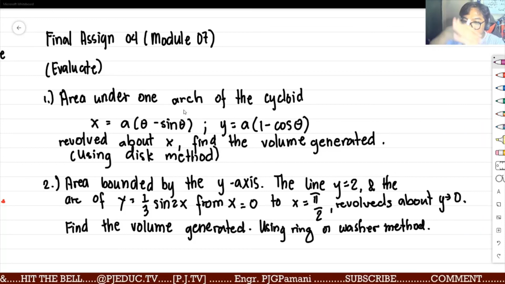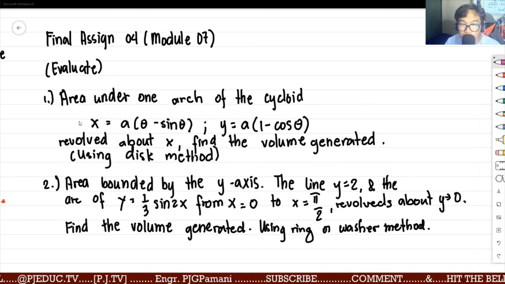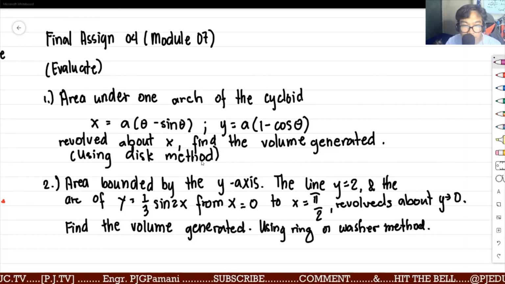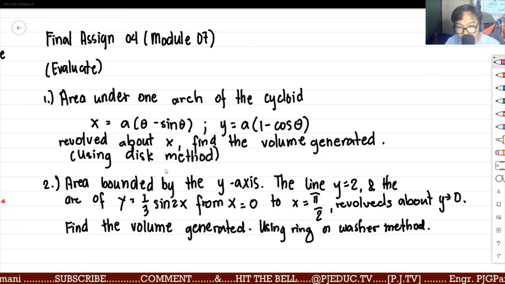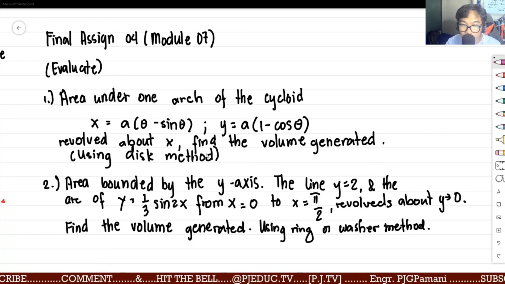This is now an interlocking curve with respect to x equal to a times theta minus sine theta and y equal to a times 1 minus cosine theta. Revolves about the x-axis. Find the volume generated. Nailagay ko na using this method, so para hindi na kayo mahirapang mag-identify ng method na gagamitin. Using this method, solve problem number 1.